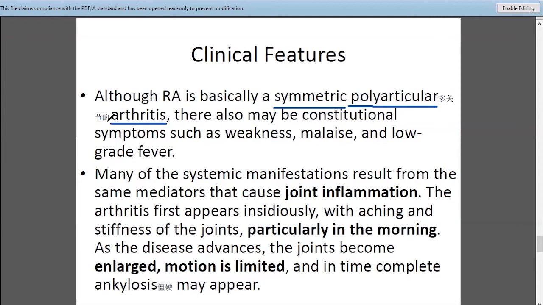Other symptoms are generally weakness, and possibly a low-grade fever. People feel sick.